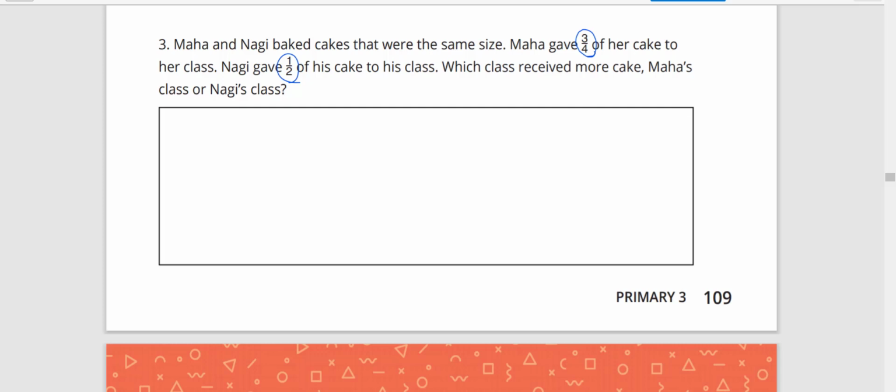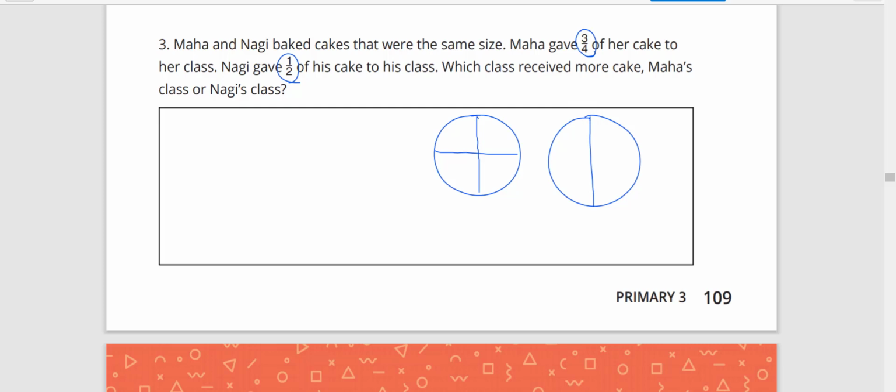First, draw two cakes the same size and divide the first cake into four equal parts and the second cake into two equal parts.